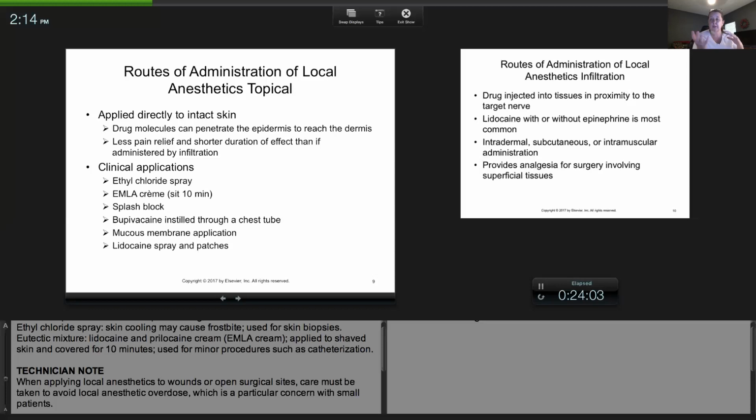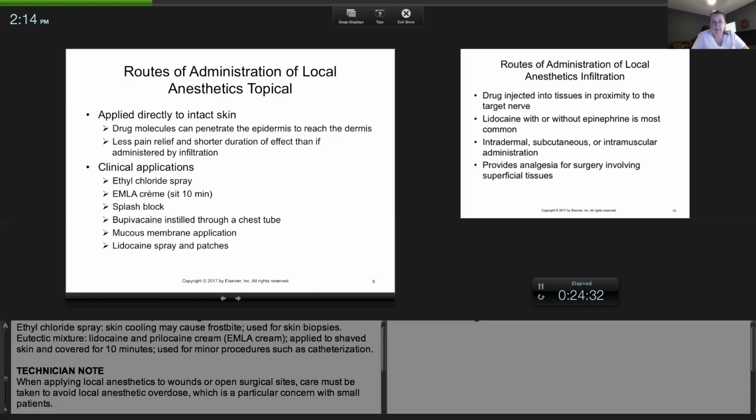So yes, we were putting injectable fluid in the chest, and then we would take the patient and roll them. What we were doing is bathing the chest cavity in this bupivacaine to hopefully give some pain relief to the chest cavity. Okay, it's not going in the lungs, it's going around the lungs, and it's not going to affect breathing. We're just trying to numb the pleura, which is the lining of the thoracic cavity.